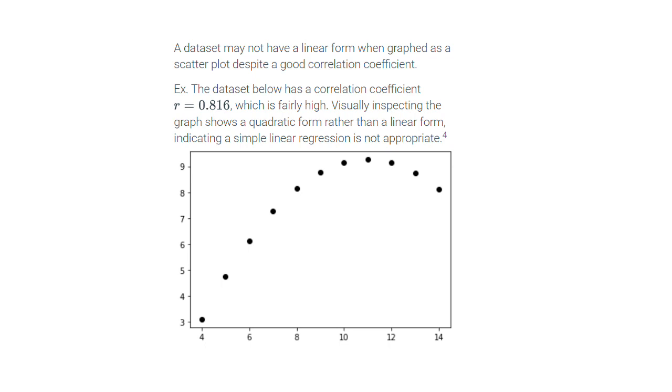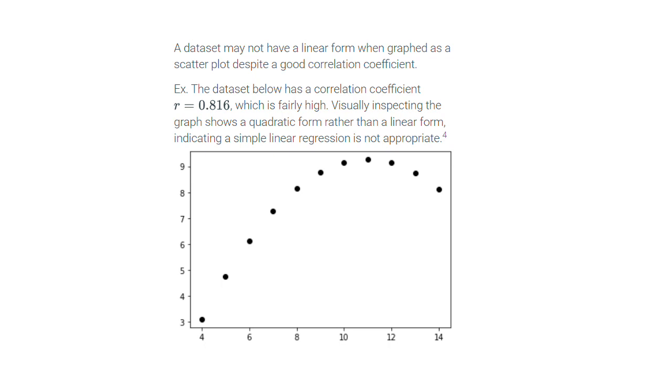So as I said before, plotting the data or using a scatter plot to visually inspect the data is a crucial step before deciding to use a simple linear regression model, because calculating the correlation coefficient alone may not be a good indicator that you have a linear relationship between the two features.